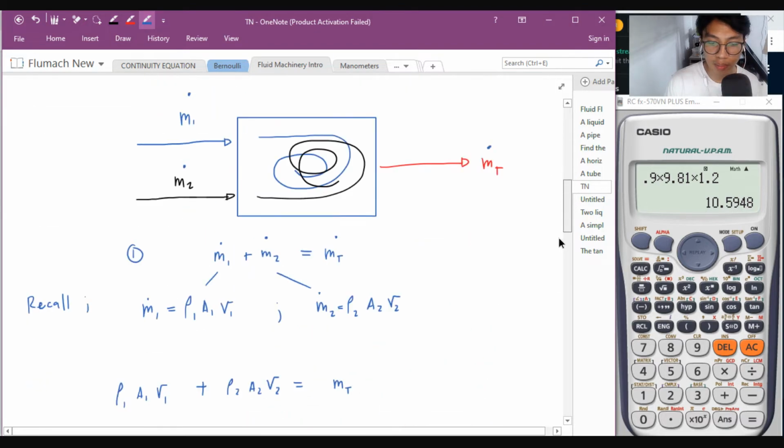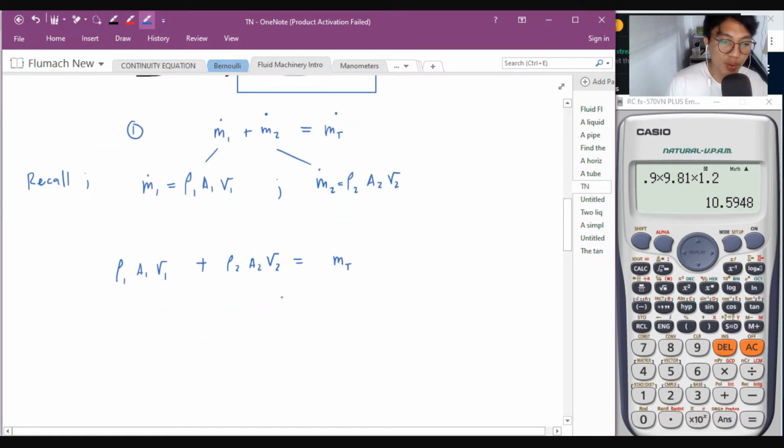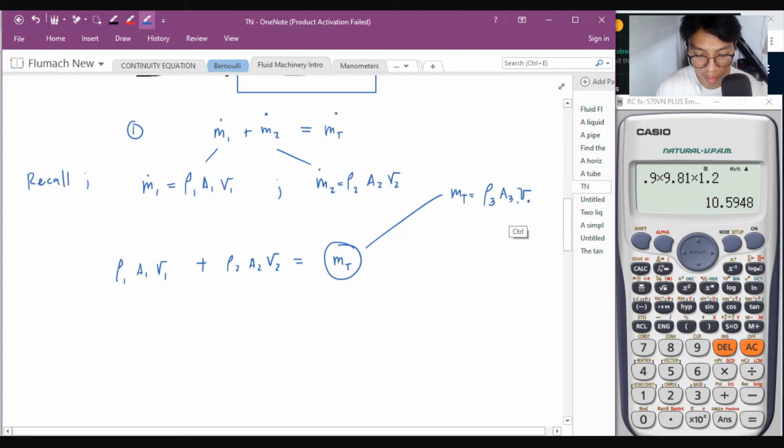Okay, pwede natin makuha to. Pwede natin makuha yung MT, where MT there, itong MT na ito, is equal to density 3, area 3, and specific volume, hindi, specific volume tuloy, velocity at 3. Ayan.